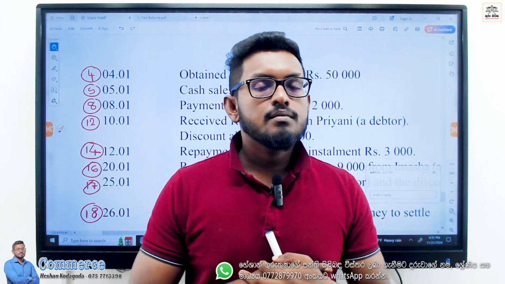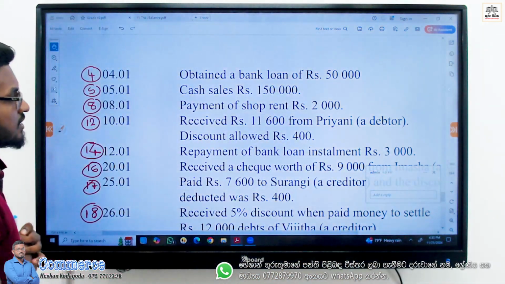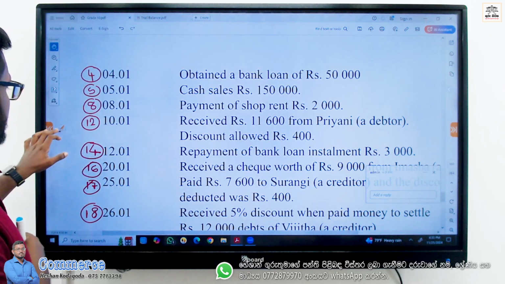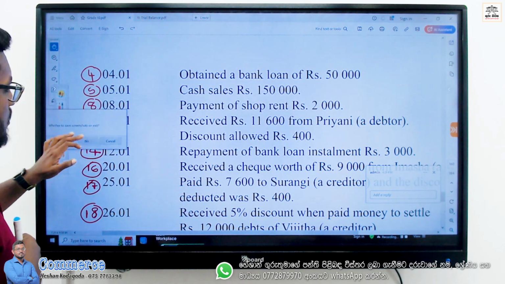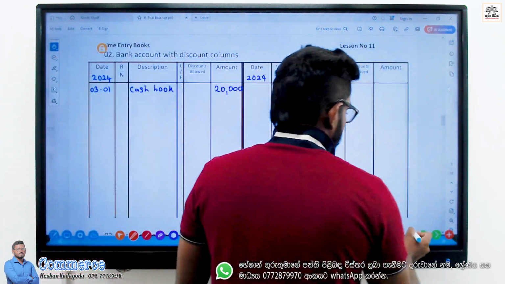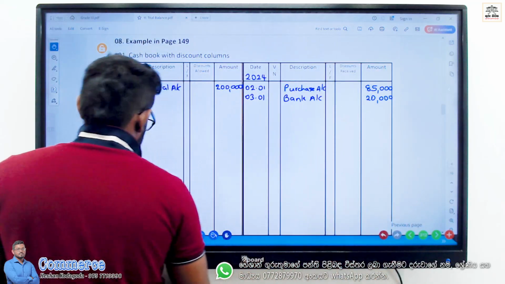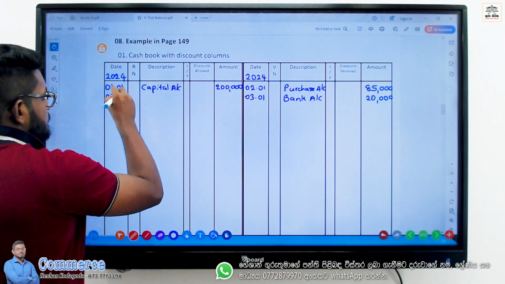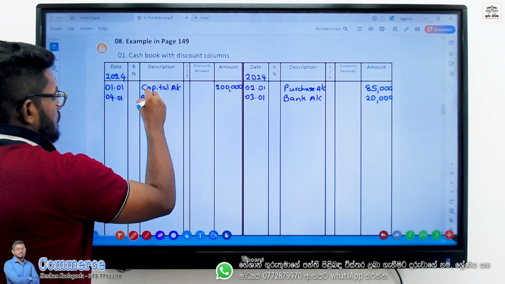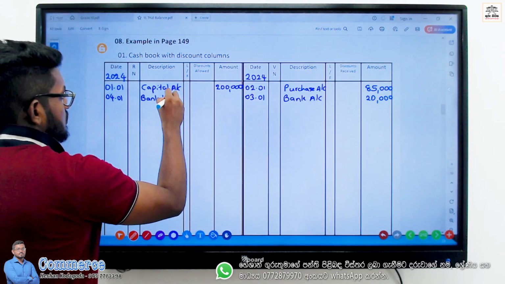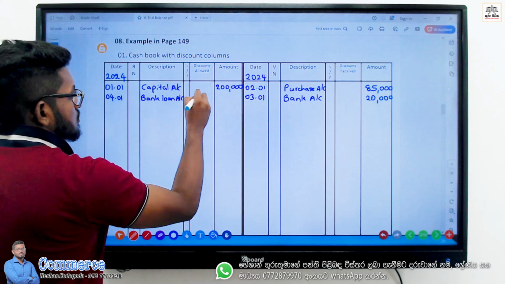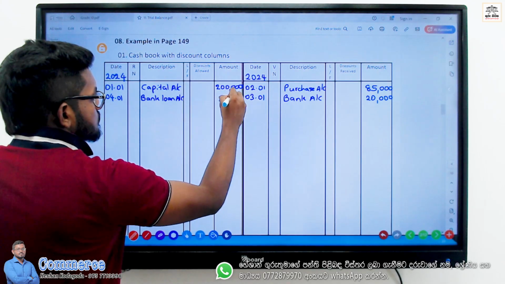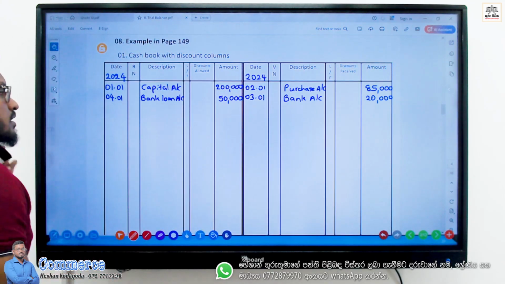Understand? Okay, guys. Cash book debit, bank loan account credit, right? So 4th of January 50,000. 4th of January, bank loan account, 50,000, right?